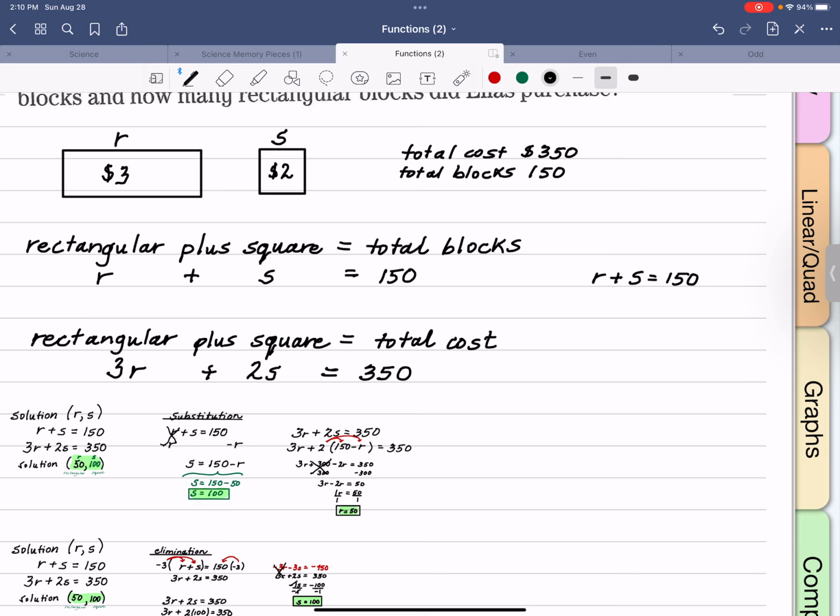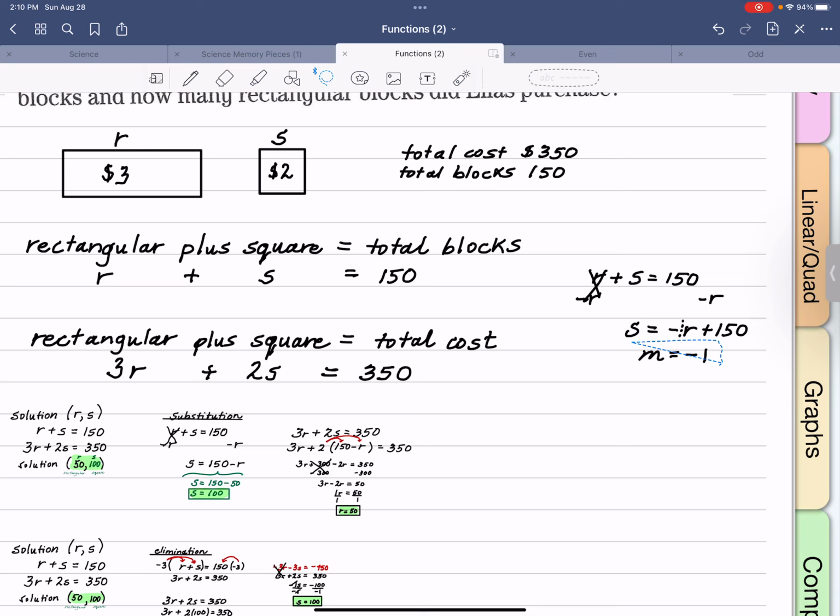To get the slope, we've already done it once. We moved the R. So you're left with S equals negative R plus 150. That is slope-intercept form. So the slope for this problem is negative 1.